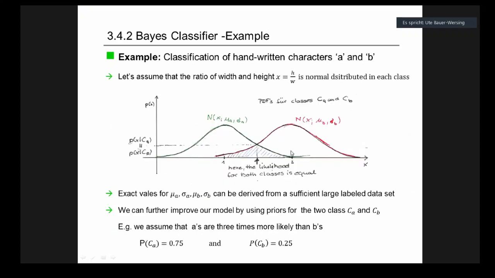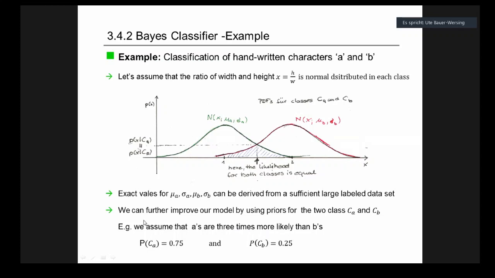We can improve our model of the data when we are using priors for our two classes A and B. This is something we can get, for example, from a bunch of written text in, for example, German, and we will see that A's are more likely than B's.